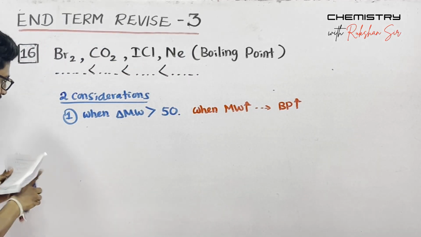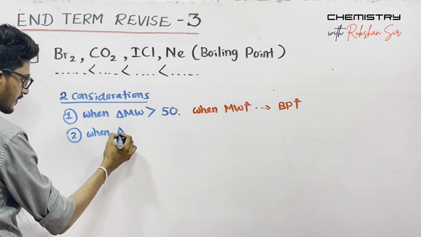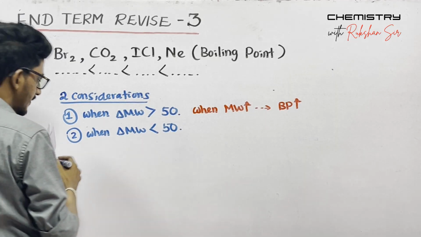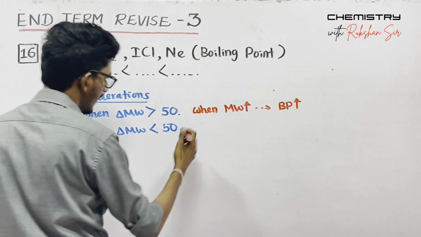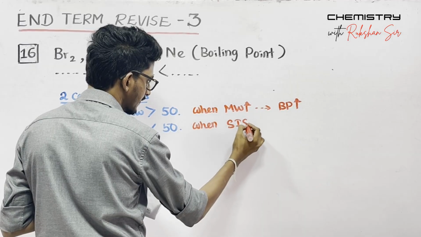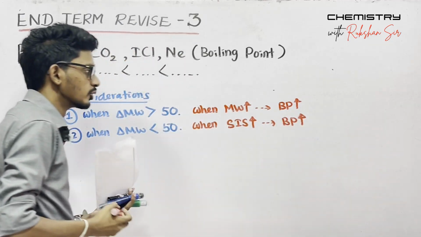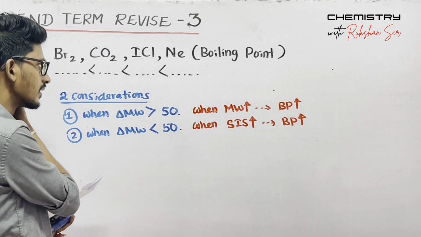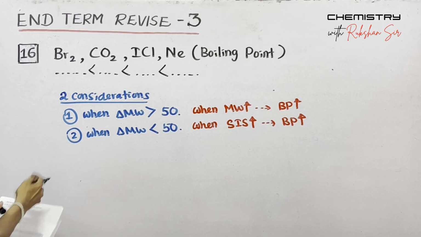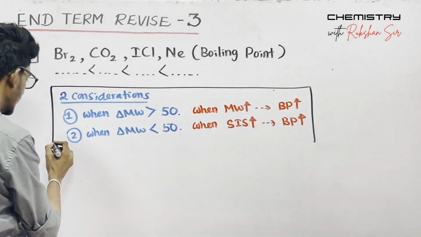The second is, when the difference is less than 50 units, when secondary interaction strength is high, boiling points are high. Those are two considerations, right? According to this, we have to select the variation of boiling points of these four.